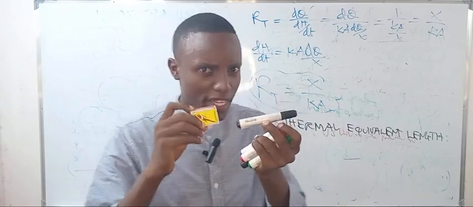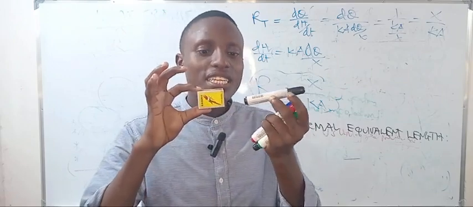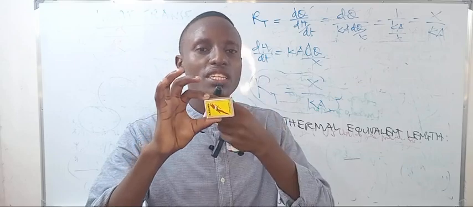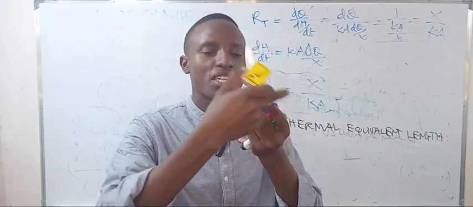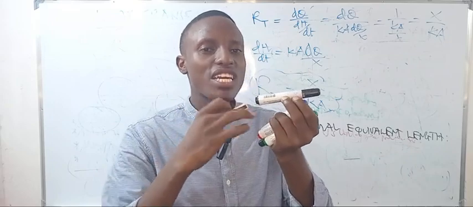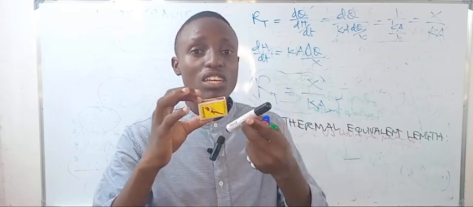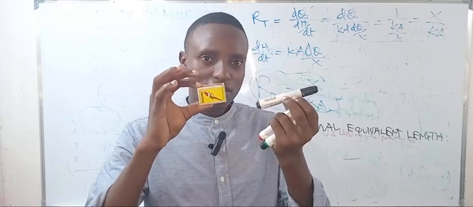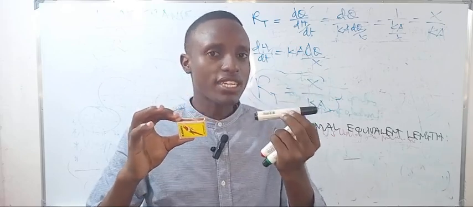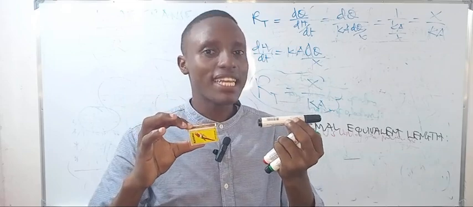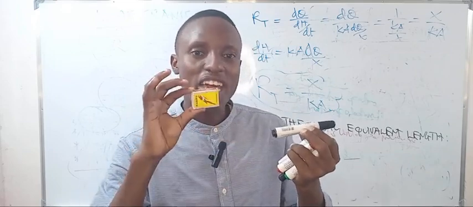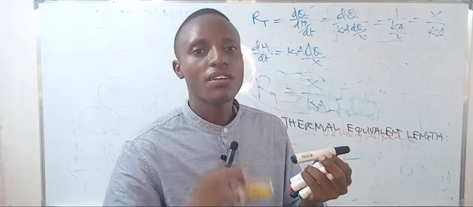If I put the difference in temperature between here and here the same as between here and here, and the cross-section area of this is the same as the cross-section area of this, then that length of the conductor will be the thermal equivalent length to that of the insulator.